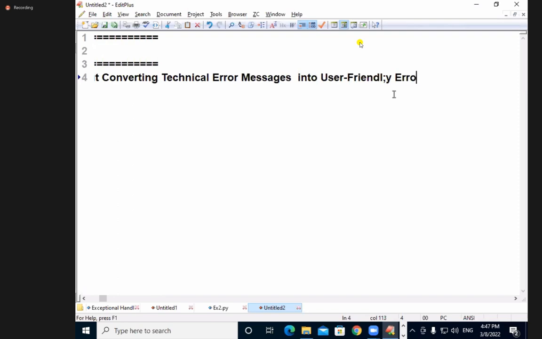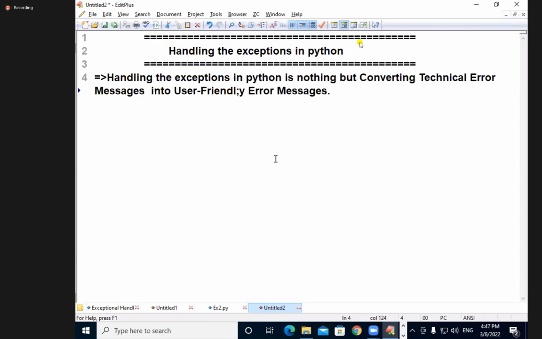Handling exceptions in Python is nothing but converting technical error messages into user-friendly error messages.